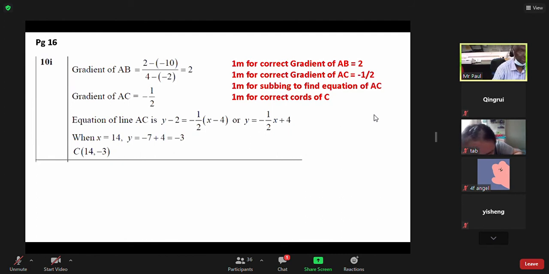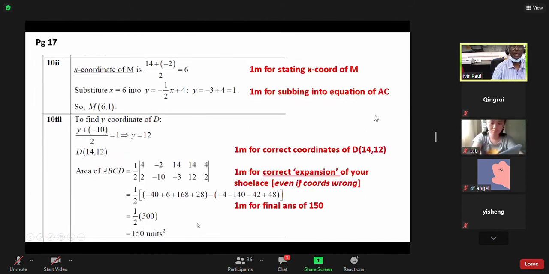After you get your equation, they give you x is 14, then you should be able to find C because x is given. Well, just don't give up, work hard. You still have your prelim coming. Second part: if you can get your x coordinate correct, you get 1 mark.